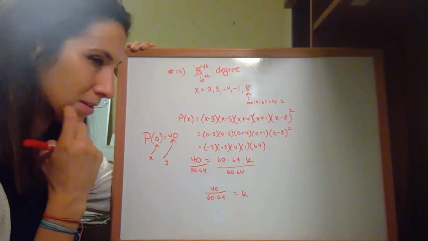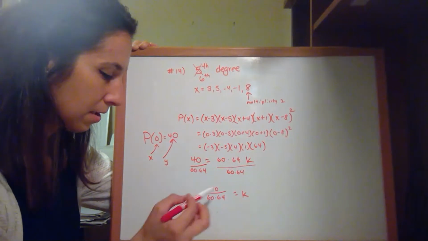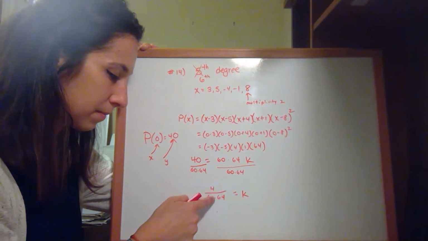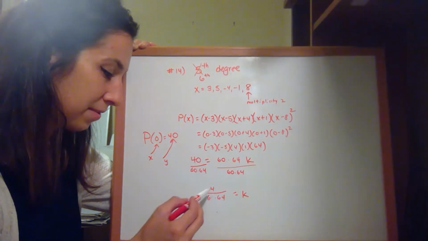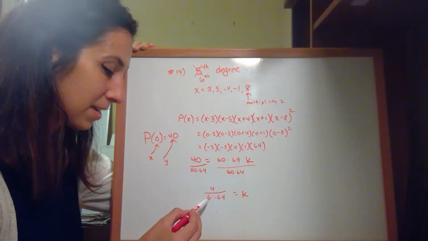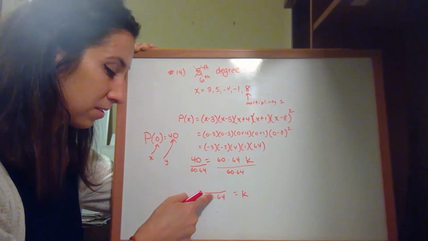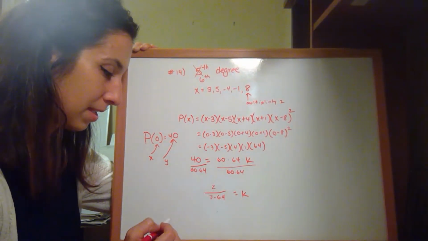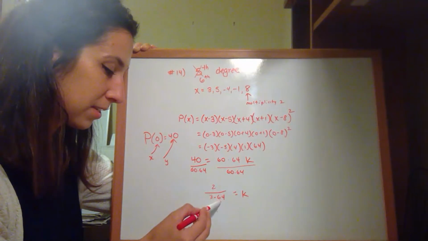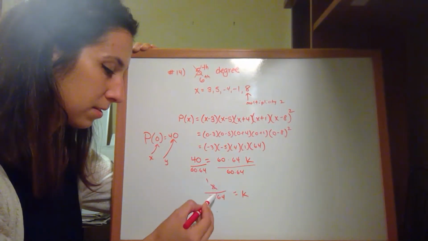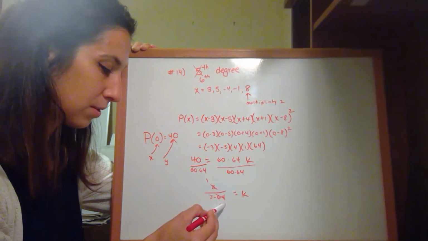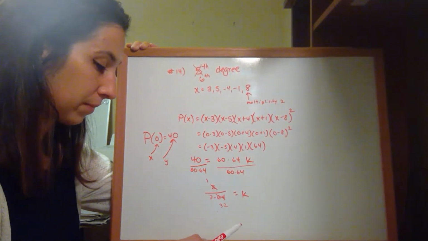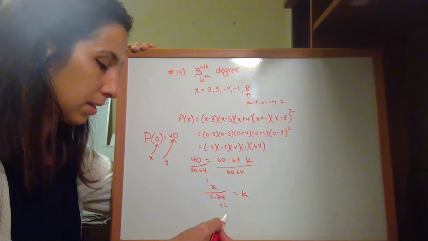Okay, now watch how I'm going to simplify this. 40 and 60, I can knock off the zeros. And then 4 divided by 6, that's 2/3. And then 2 goes into 64 once, and then 32 times. Look at that. So 32 times 3 is 96.